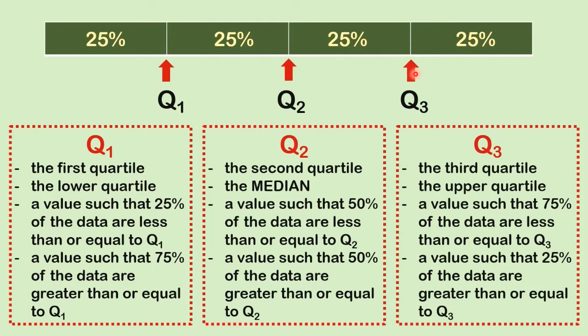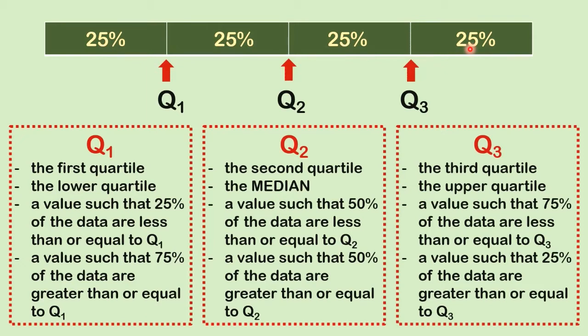It is 75%. While 25% of our data is greater than or equal to Q sub 3. So, yan yung ibig sabihin ng tatlong quartiles na nakikita nyo dito.